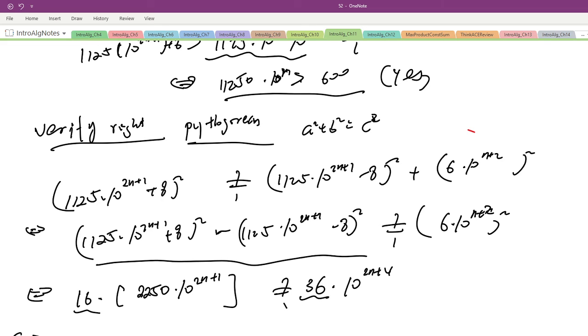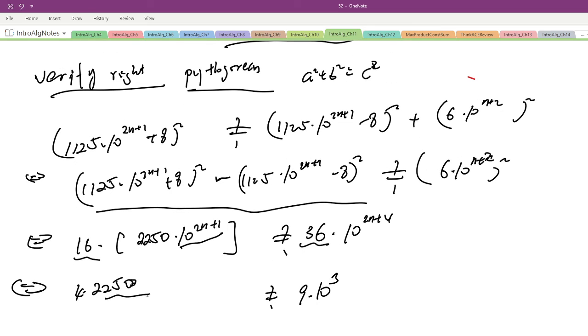So it's 9 times 10 to the 3, whether this one equals 4 times 2250 times 10. Whether this one equals this. So this one will be equal to 9,000. Whether this one equals 10 to the 3, then the answer is yes. So that's why the three numbers can construct a right triangle.